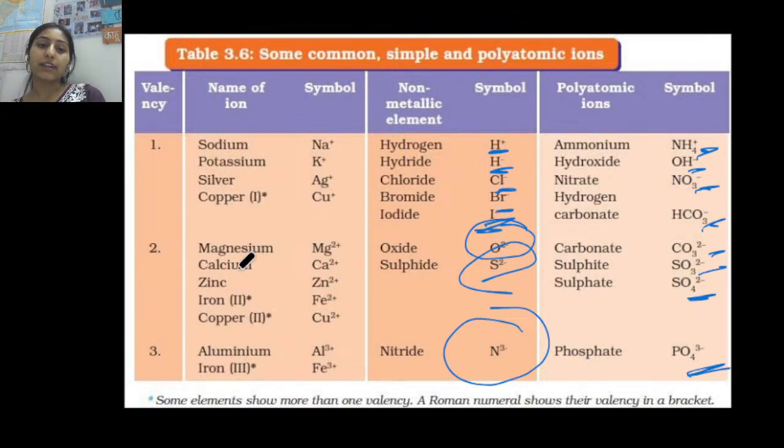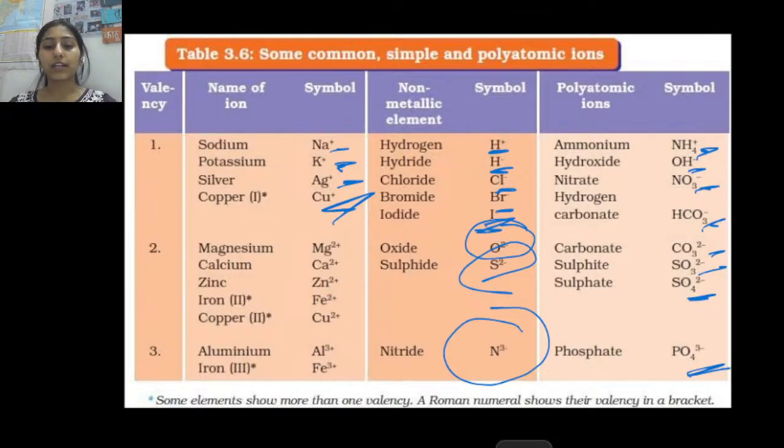Then phosphate is -3, again sodium +1, potassium +1, silver +1, copper +1. So we must keep in mind these valencies when we are writing chemical equations, because the element as well as the compound form of a particular element can be correctly represented with the help of valencies, right? You might already be familiar with this as well.